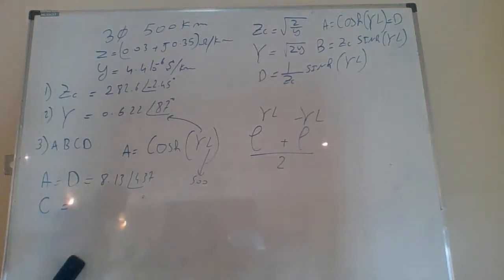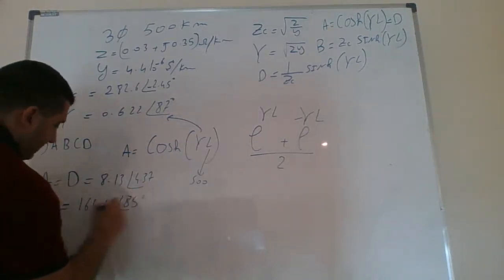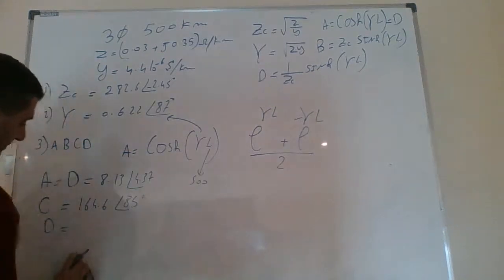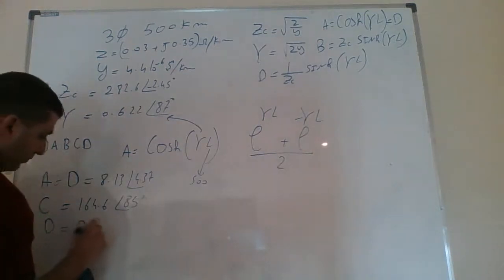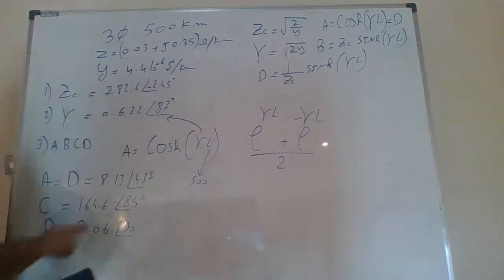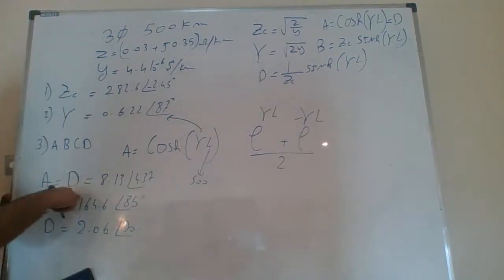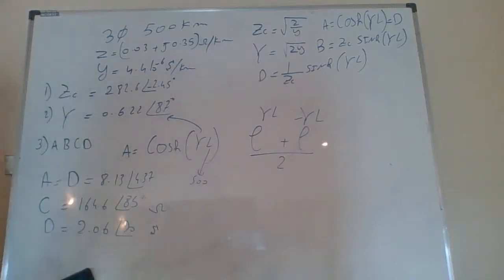The answer for B is 164.6 angle 85. And C is 2.06 angle 90. Remember, A and D have no unit, and C is in Siemens.